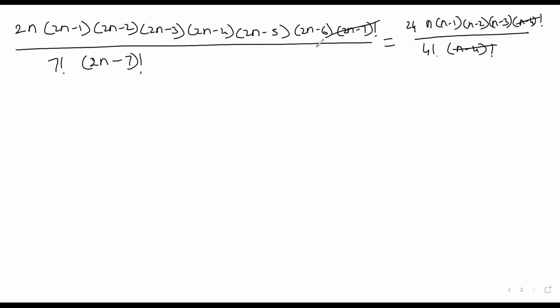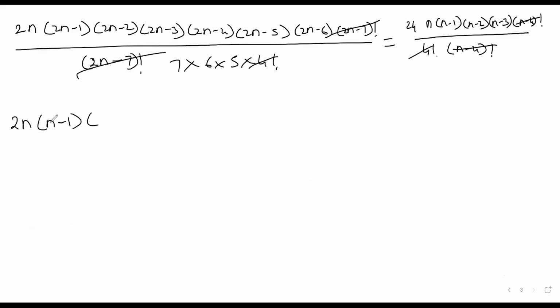This and this will get cancelled. This and this will get cancelled. This 7 factorial is obviously 7 into 6 into 5 into 4 factorial. So this and this are also cancelled. So I can write this as 2n, n minus 1.